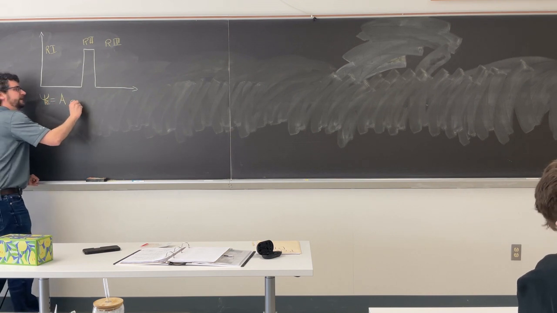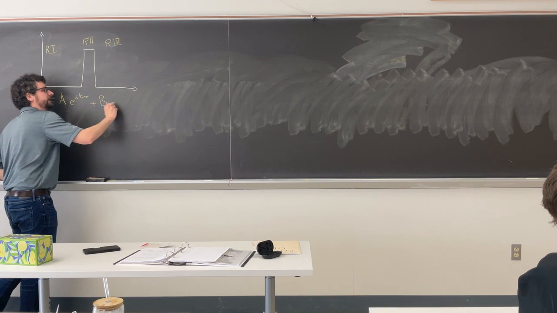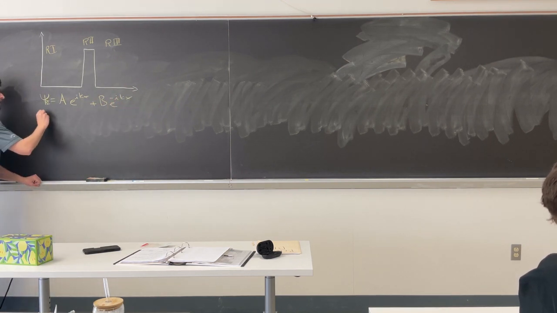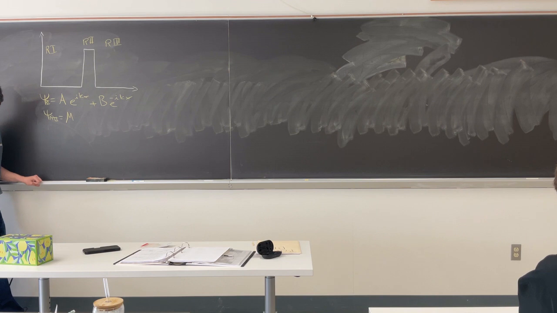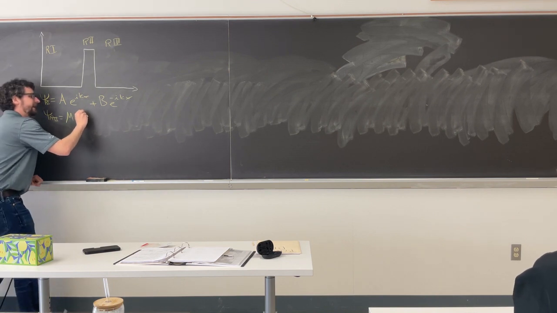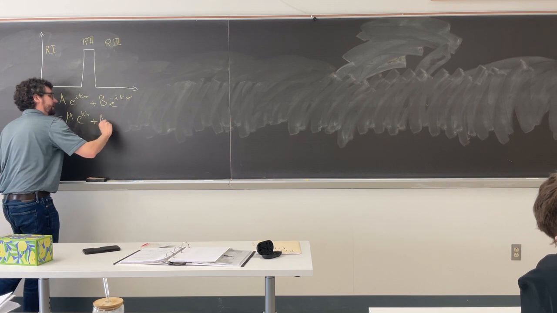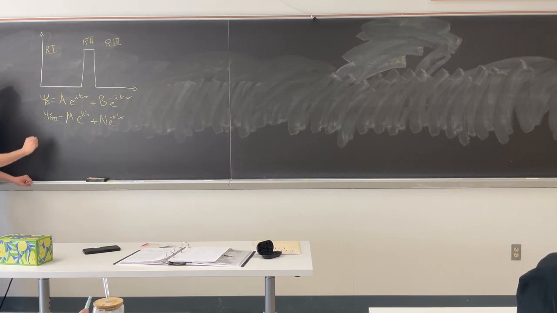That was A e to the ikx plus B e to the negative ikx. Okay. Region 2, I botched, but it was, we picked M and N, right? E to the k prime x plus N e to the negative k prime x.